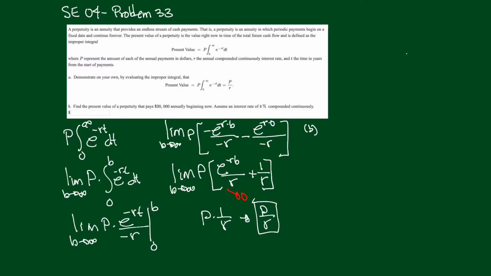In this case, P is equal to 30,000, right? That's how much it's going to pay. r is equal to 4%. So P over r is 30,000 divided by 0.04. And that turns out to be $750,000 is what this annuity is worth.